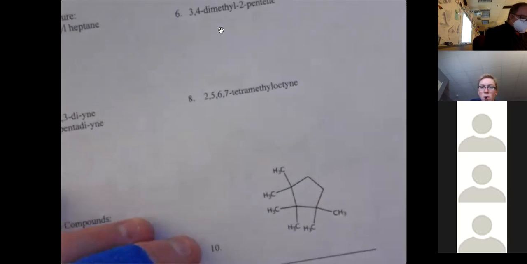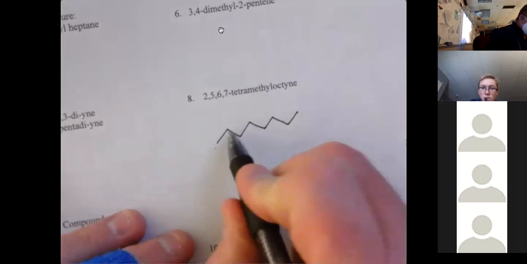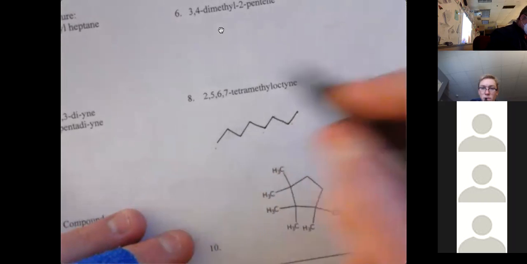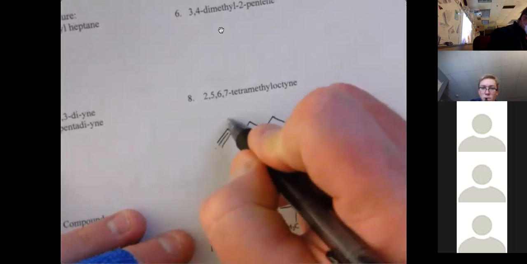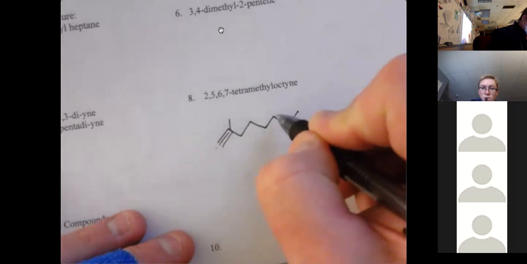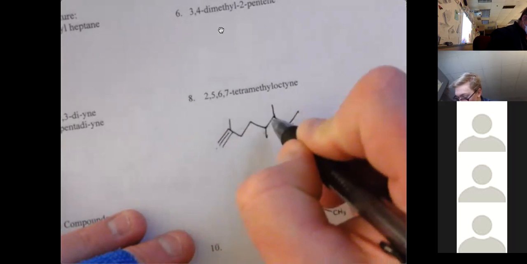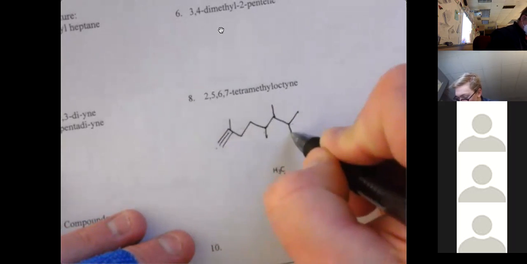Does anybody see a problem with this one? Wait, you can't have another methyl group added to the carbon that's triple bonded, right?